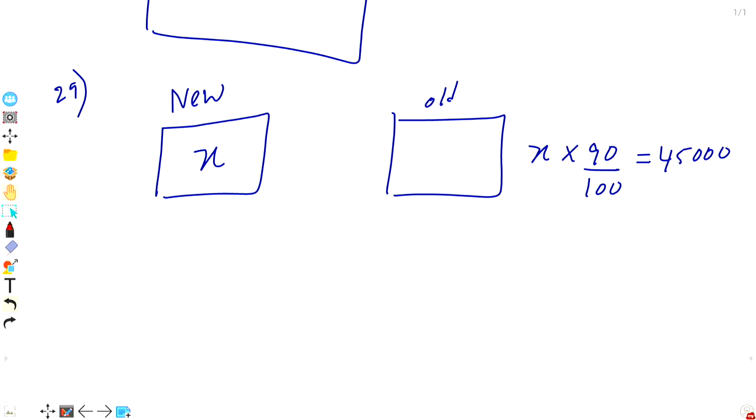From here you can find X. So what is the X value? 50,000. So X is 50,000, right? Is that the answer?